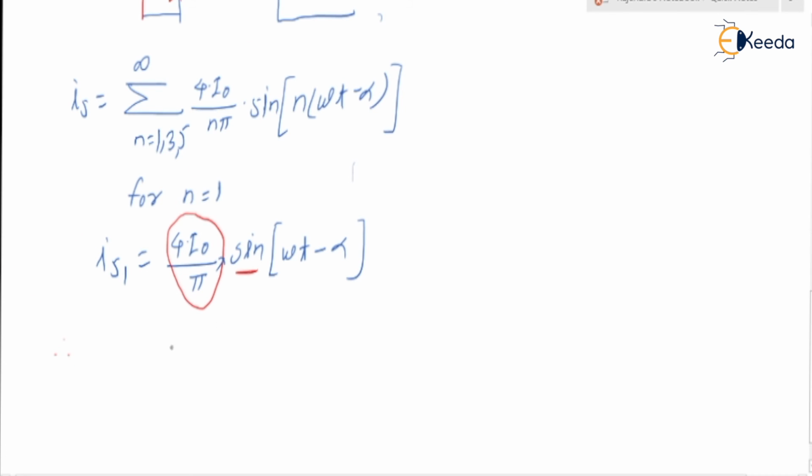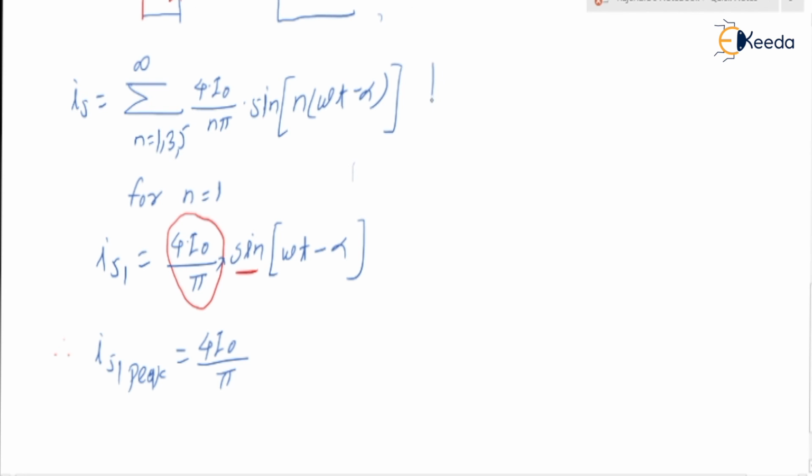Therefore we can write is1 peak is equal to 4 I0 divided by pi. If this is the peak value, and as you know is1 is a sinusoidal function, then for any sinusoidal function there is a relation between RMS value and peak value: RMS value is equal to peak value divided by root 2.